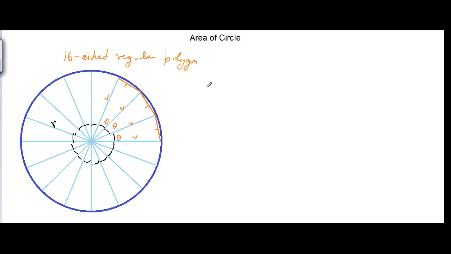If we want to find the area of this regular polygon, we can say this is equal to 16 times half into base into height. The red color side I am taking as the base, into height.